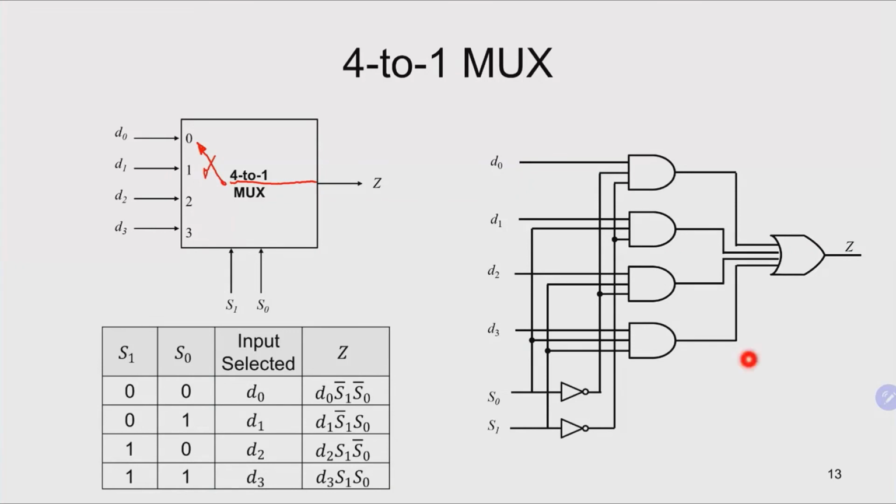Then we can build our combinational logic circuit to give us this 4-to-1 multiplexer. This is one way you can achieve 4-to-1 multiplexing.